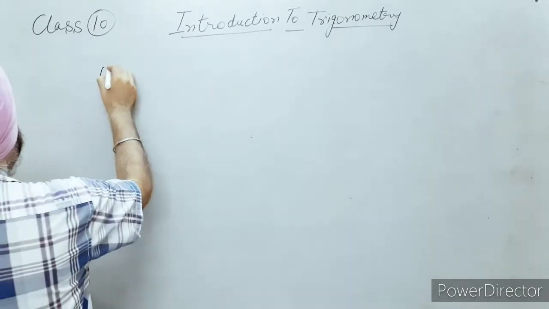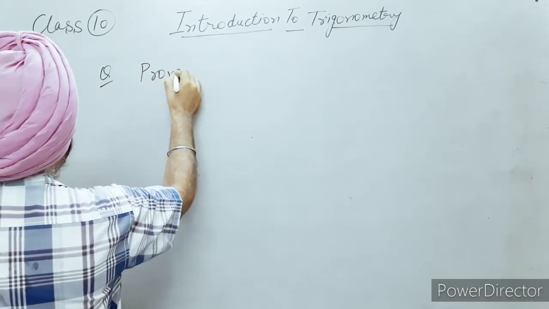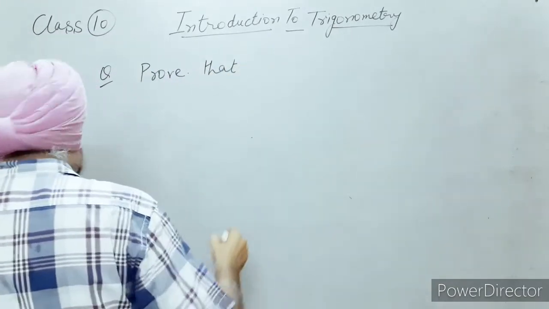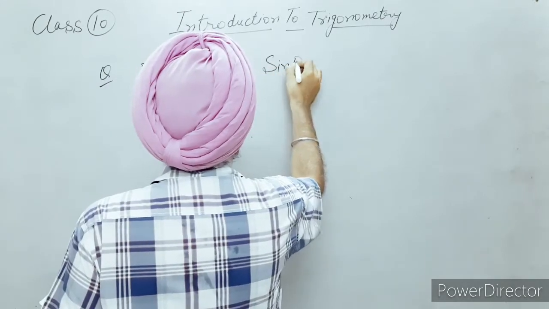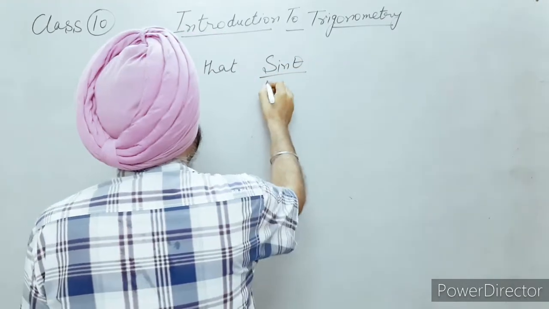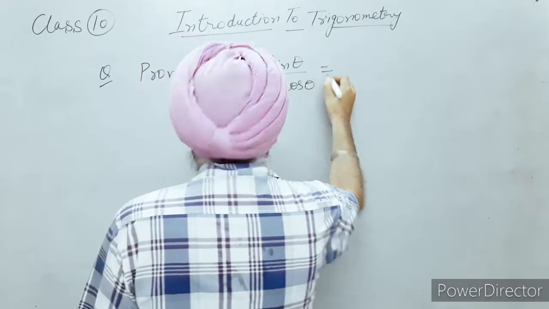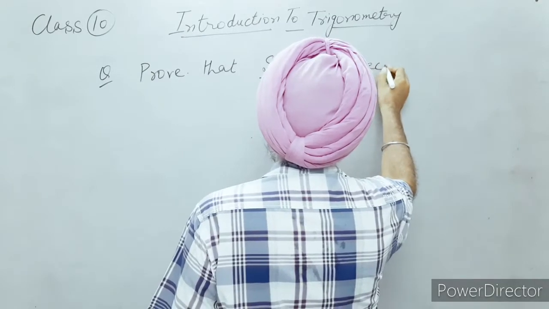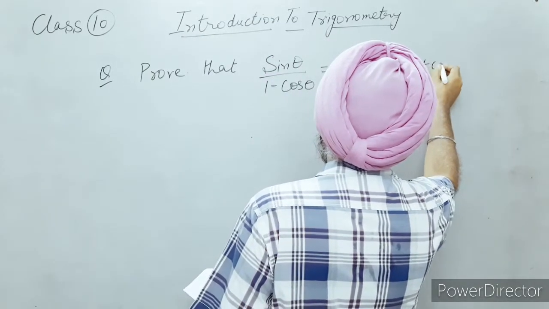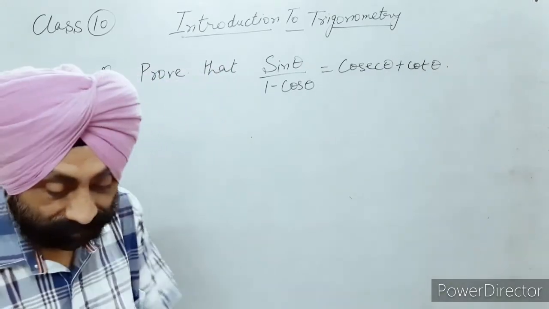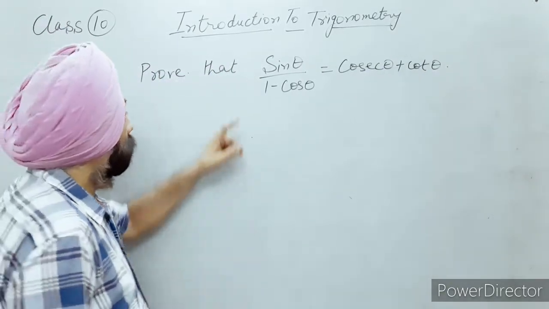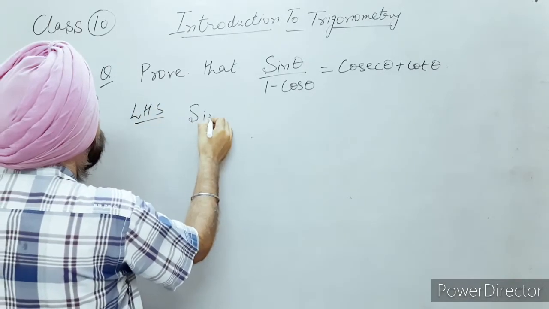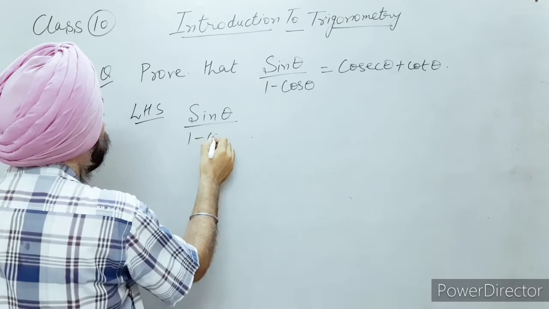Now, next is this. Question is, prove that sin theta upon 1 minus cos theta is equal to cosecant plus cotangent. Take the left hand side, sin theta upon 1 minus cos theta.